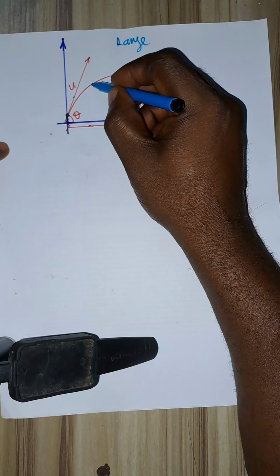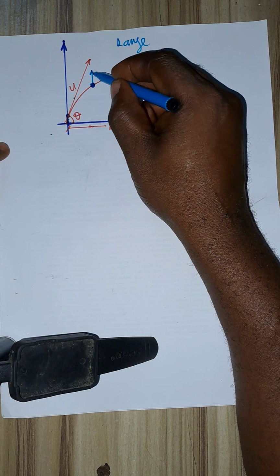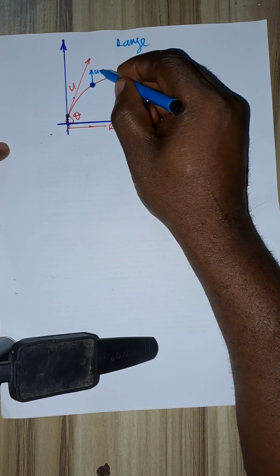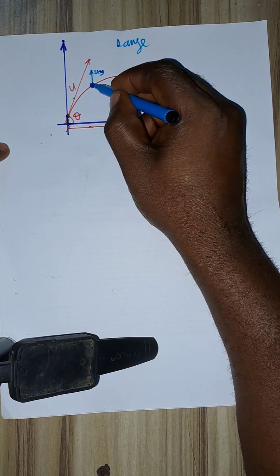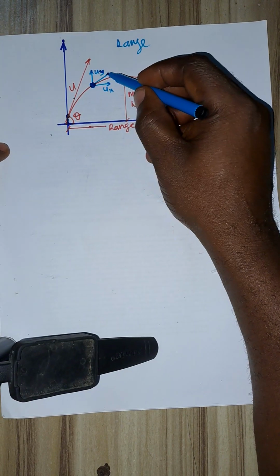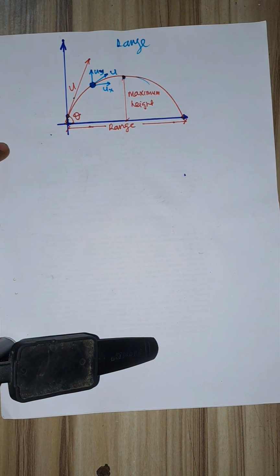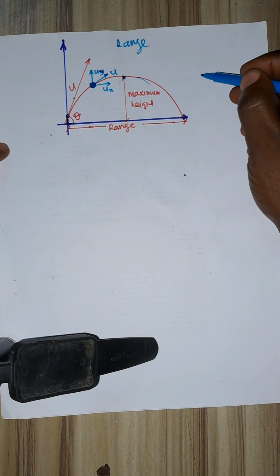However, at every point, let's assume that the ball is at this point, there are two components of the velocity: the vertical component and the horizontal component. At this point the resultant velocity is u, the velocity with which the body is projected.